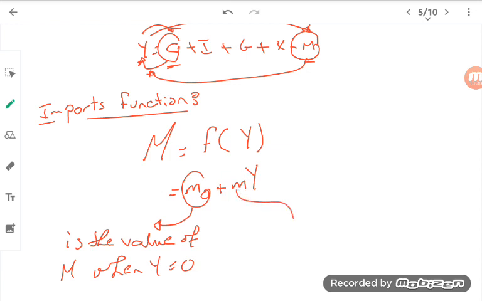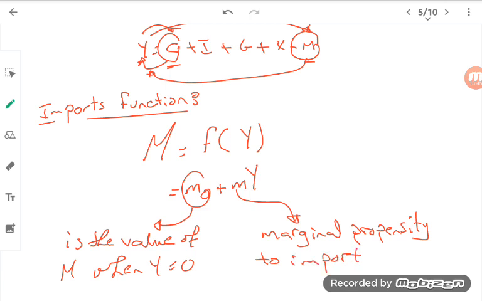Small m is the marginal propensity to import, or can be written as MPI, which is the change in imports due to a change in income by 1 unit.